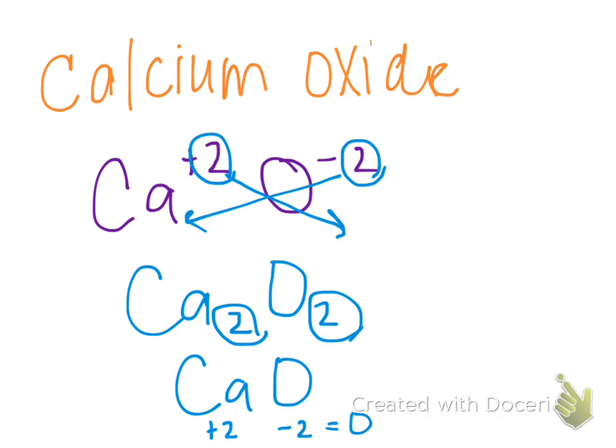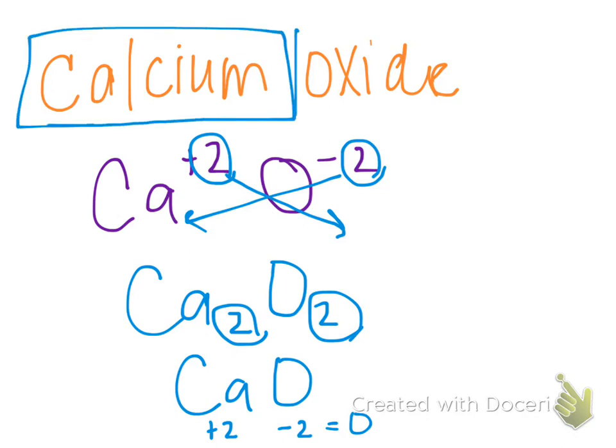I want you to notice that for each of our namings, we've started with a cation first, then an anion. So for binary compounds, cations go first, then anions. That's for all compounds. If you need to put that in your notes for naming, that would be a good idea. Cations always go first, then anions.